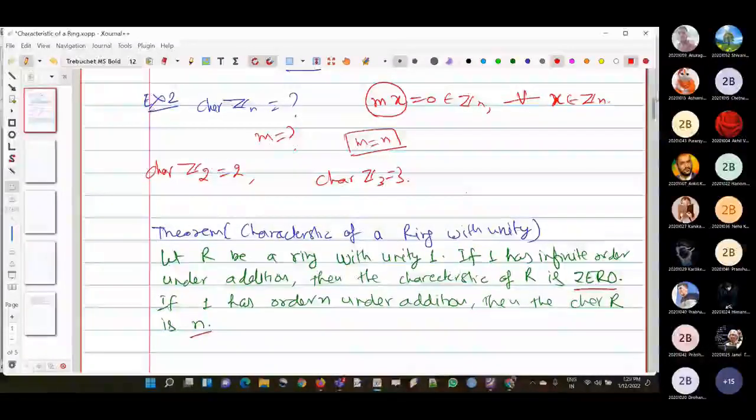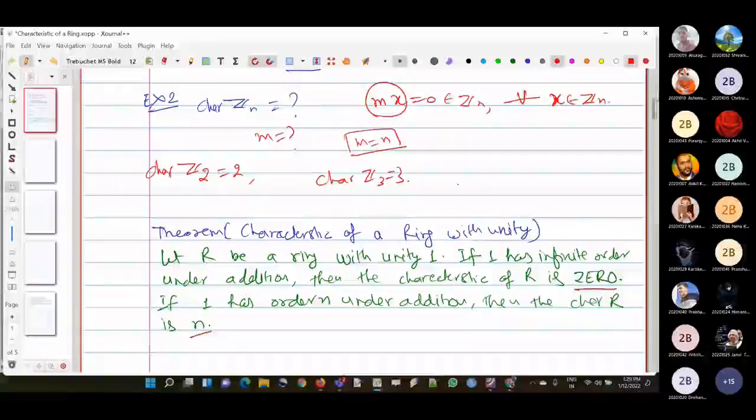Identity is unique. I'm not talking about units. Don't get confused between units and unity. Unity is the multiplicative identity.